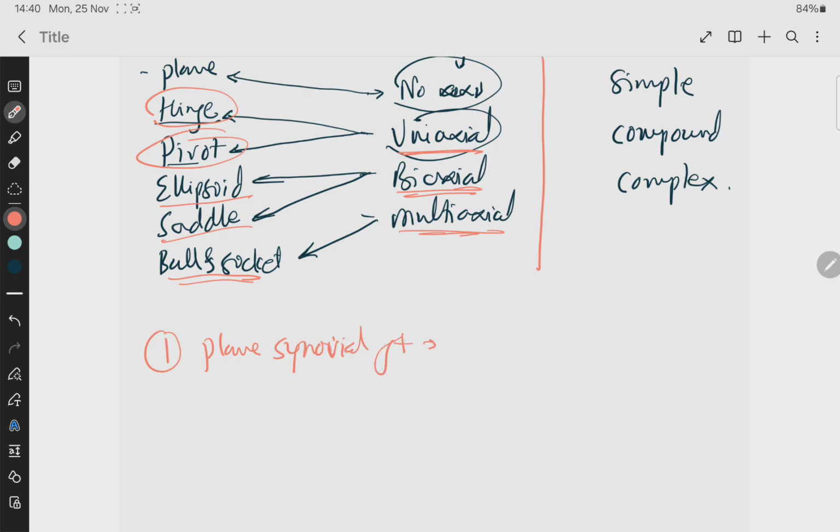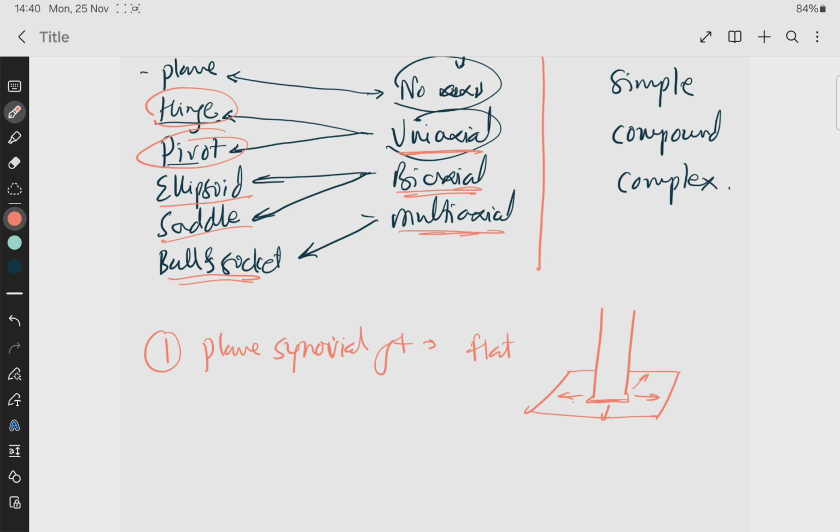What do we mean by plain synovial joint? The articular surfaces are flat. So this is one bone with a flat articular surface, and this is another bone with a flat articular surface, and only gliding type of movement is possible. This type of joint is called the plain synovial joint.